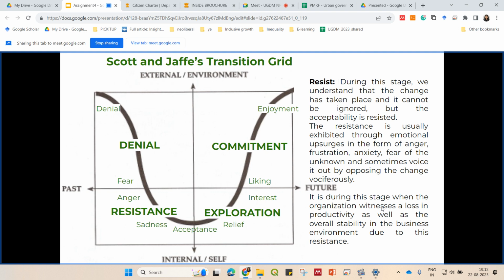Also, you can try to acknowledge their feelings toward the change, how they are feeling, what grievances they might have, the anger they feel. Is the anger justified? Is it not justified? Are they fearing something which is not going to occur, or are they falling prey to some elaborate scenarios which might or might not occur, and they haven't even tried to assimilate with the change and just have assumed that the change is going to affect them?